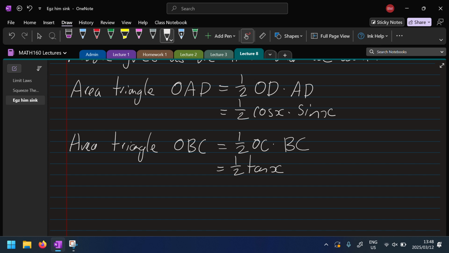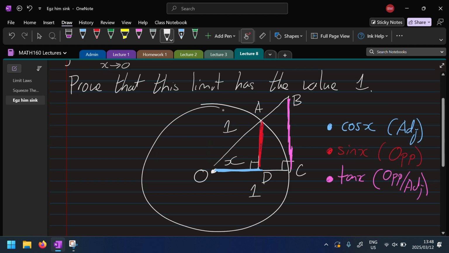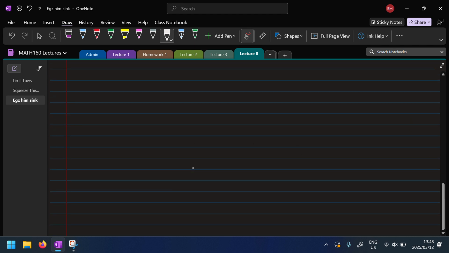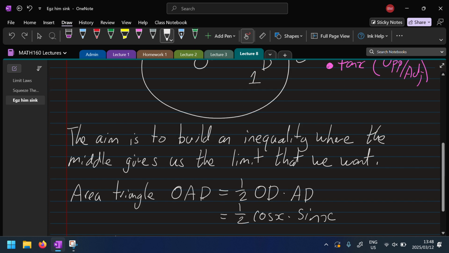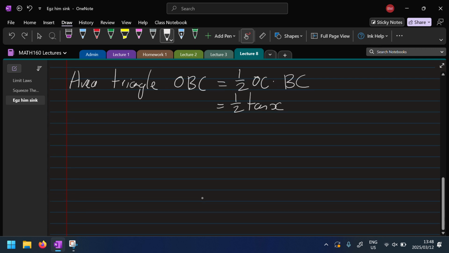And then finally that pizza slice that I said, the OAC, if you imagine that as a pizza slice. Pizza slice isn't the correct word, but you can write that as area of the sector.